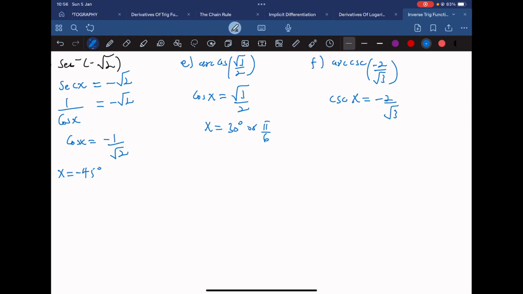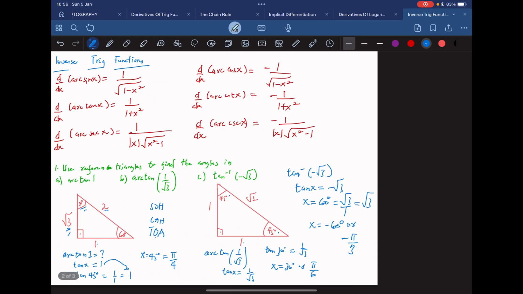Remember, cosecant of x is just 1 over sine of x. So this is equal to negative 2 over root 3. And if you find sine of x, it will just be equal to negative root 3 out of 2. So we want the value of x that will give us negative root 3 over 2.